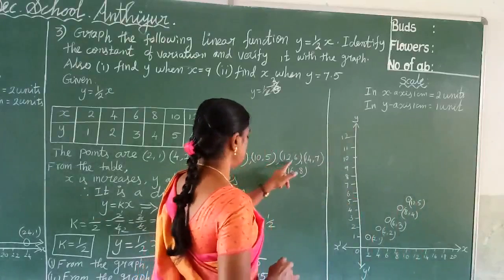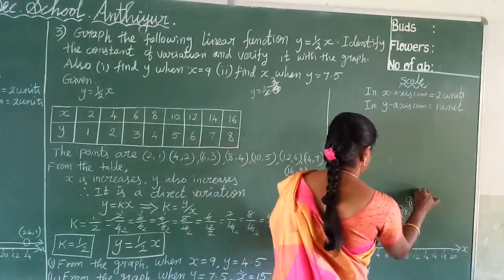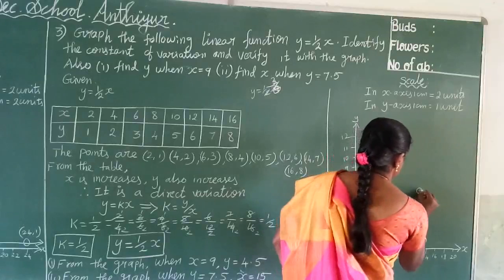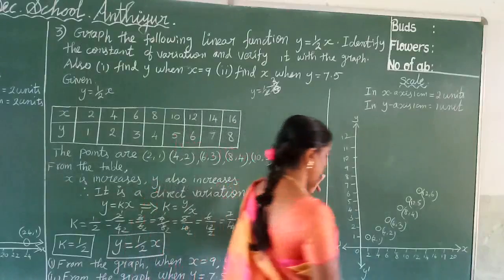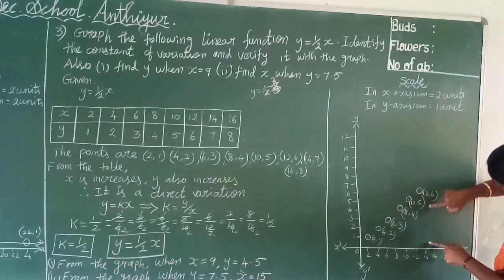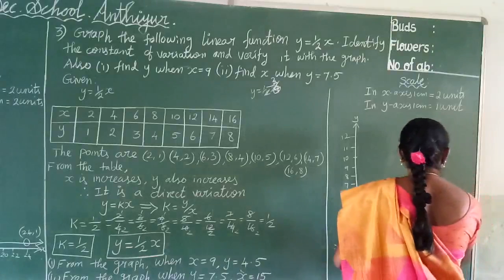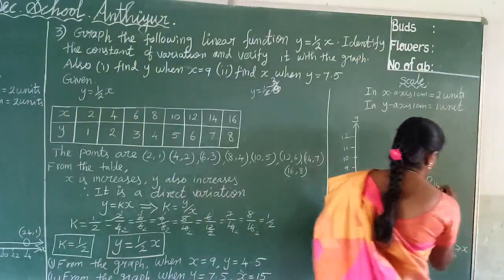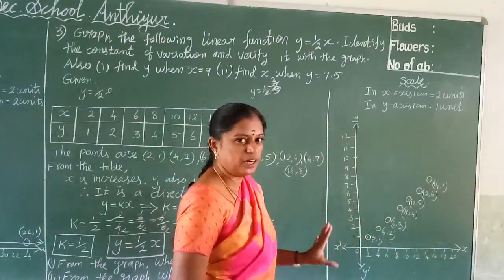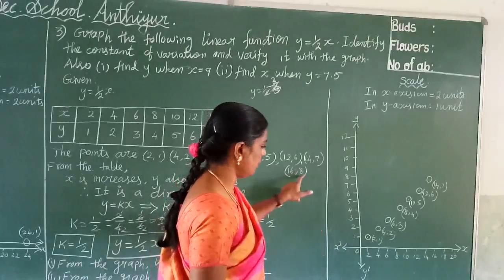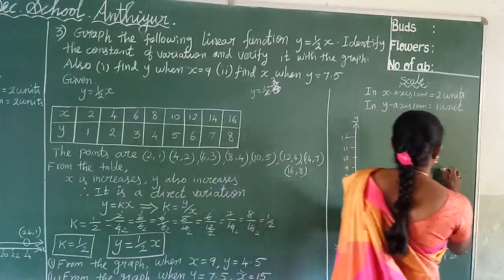Next one (12, 6). Next one (14, 7). Using your scale, exactly mark the points. And next (16, 8).